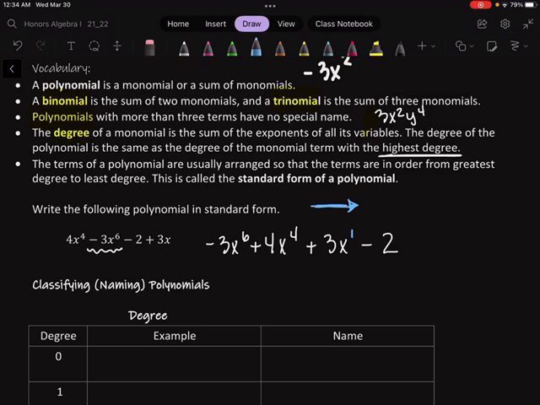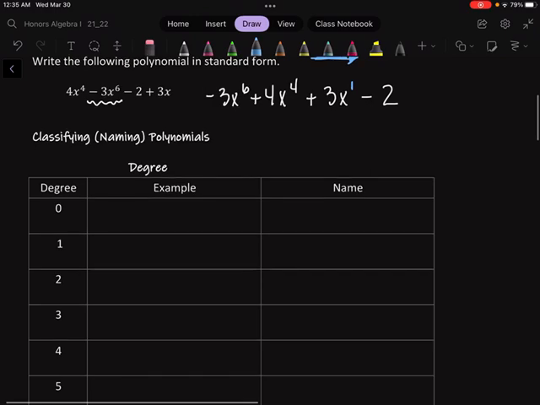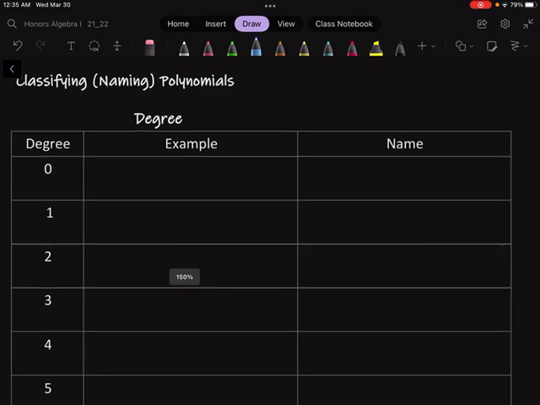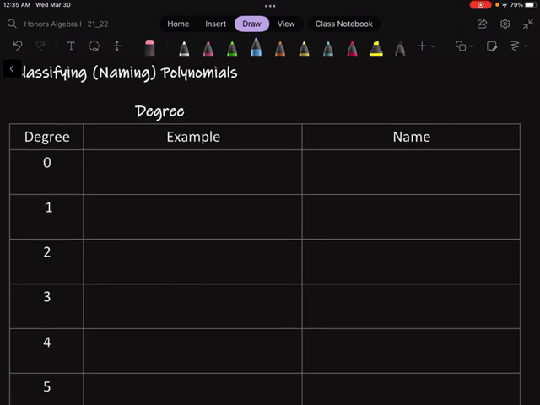So let's go ahead and classify these. We're going to first classify it by its degree. So if we don't have a degree, meaning a constant, that's what it'll be called. So it's called a constant monomial maybe, or it's very rare we'll ever have a constant binomial or trinomial.